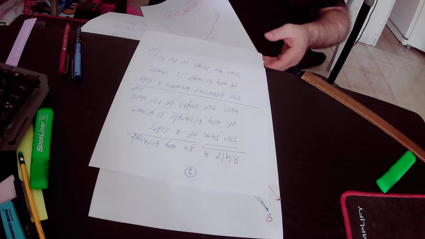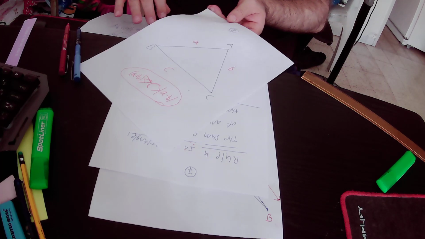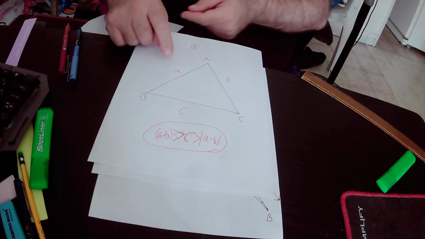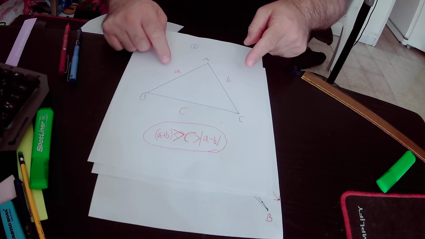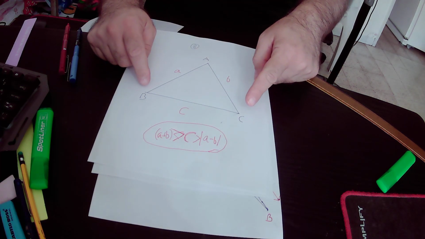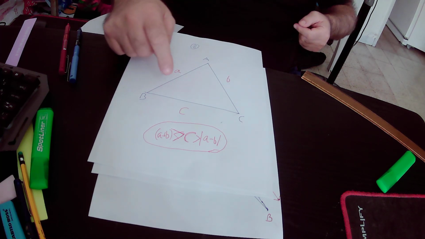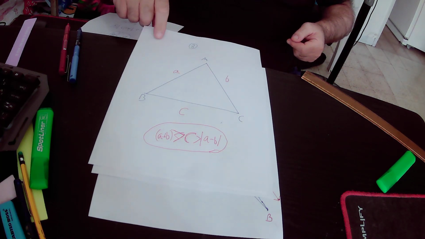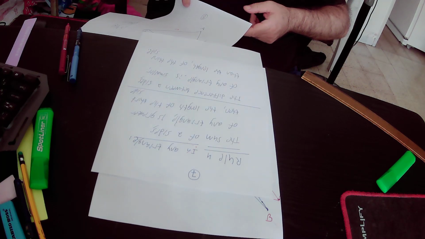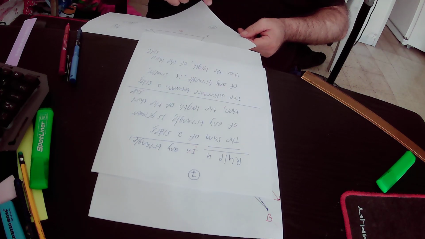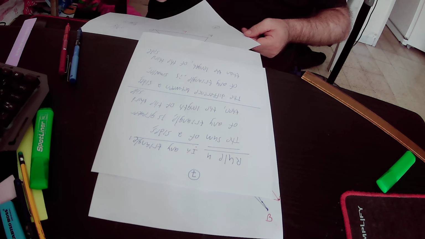That is to say, the sum of two sides, A plus B, will be greater than the length of the third side, that is C. Or A plus B will be greater than C from one side, and the second part of rule number 4 is that the difference between two sides of any triangle is smaller than the length of the third side.